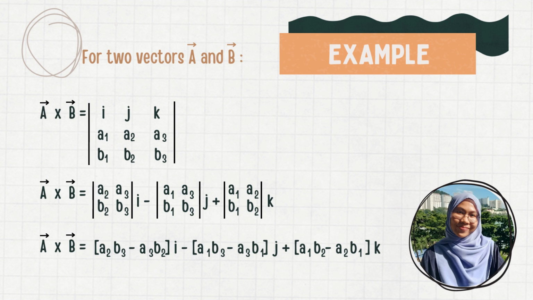So you will get (A2 A3; B2 B3)i minus (A1 A3; B1 B3)j plus (A1 A2; B1 B2)k. And then you cross multiply, you will get (A2 times B3 minus A3 times B2)i minus (A1 times B3 minus A3 times B1)j plus (A1 times B2 minus A2 times B1)k.